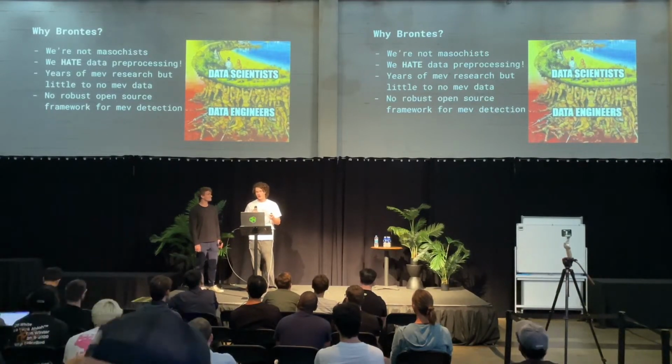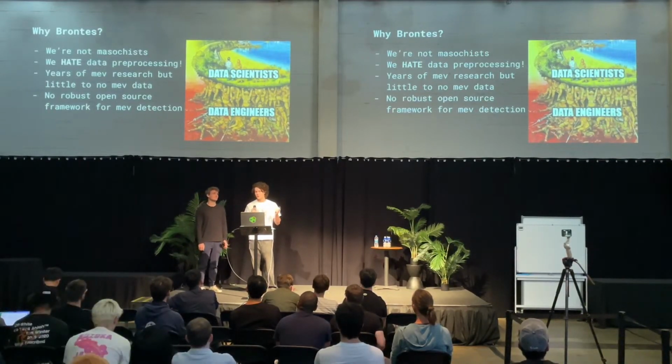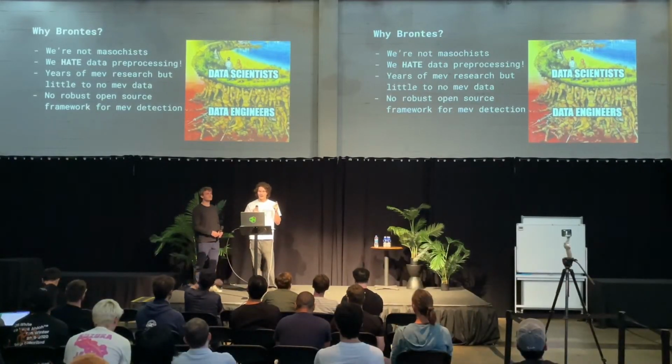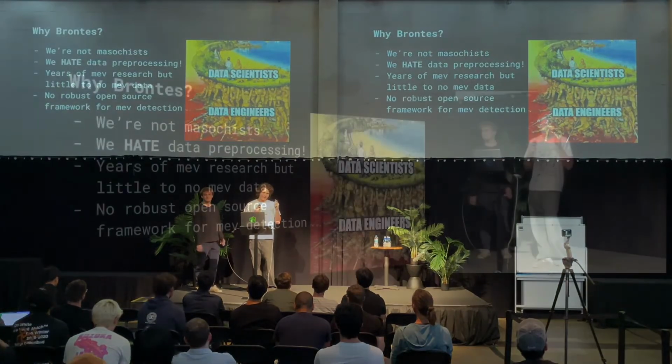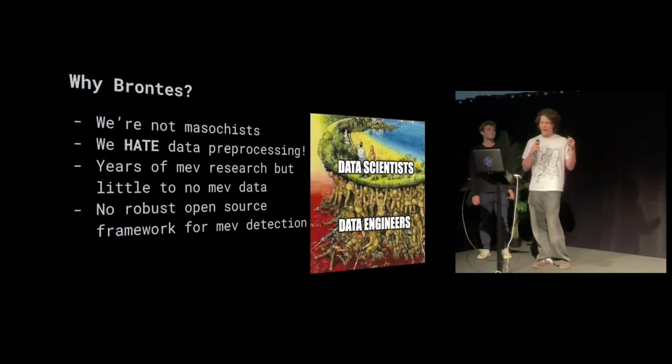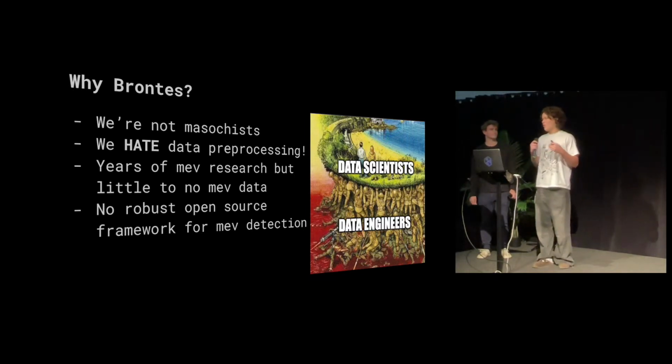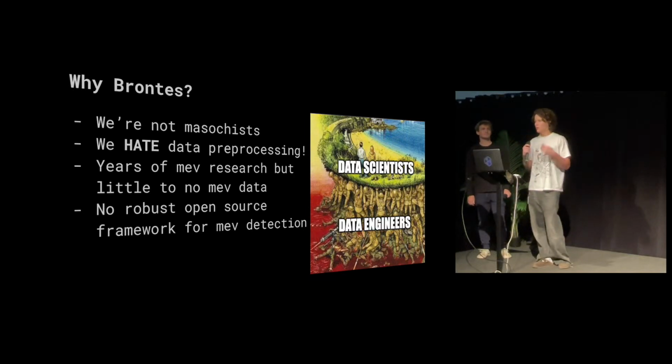There's great research on the validator payout side, there's great research on the timing game side, but in terms of data on systematically identifying actual MEV transactions and providing accurate P&L statistics, we haven't seen that much. And on top of that, there isn't really an open source place where we can all participate and contribute to the discussion on how we want to classify, how we want to improve the taxonomy.